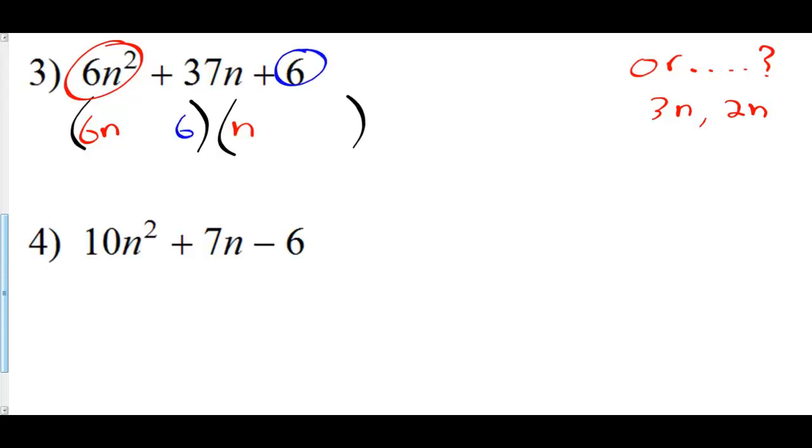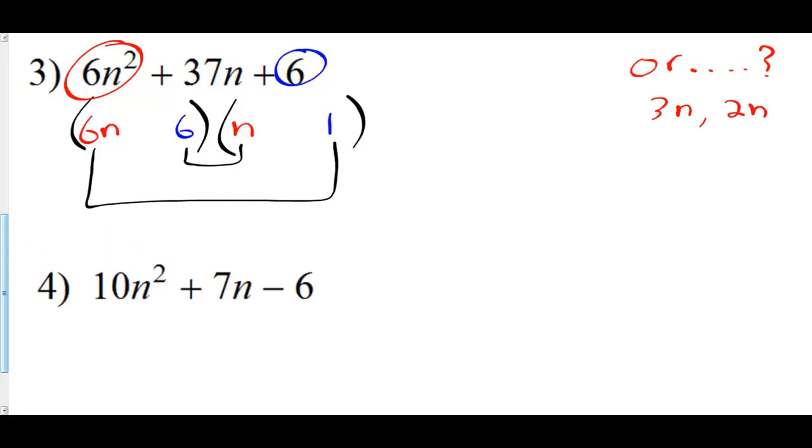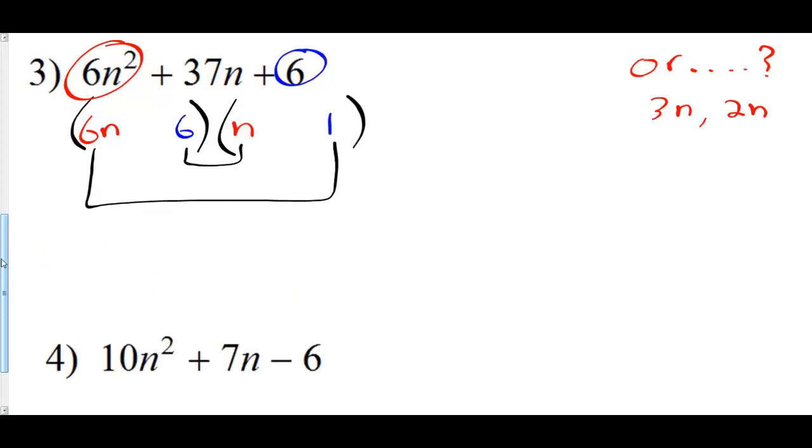So we don't know what to choose, so we just choose one and we guess. Now things that multiply to positive 6 at the end there are 6 and 1, or 1 and 6. And let's see if we've got any success here. So using green for the addition, the field goals, we got 6n for the outsides, 6n for the insides.